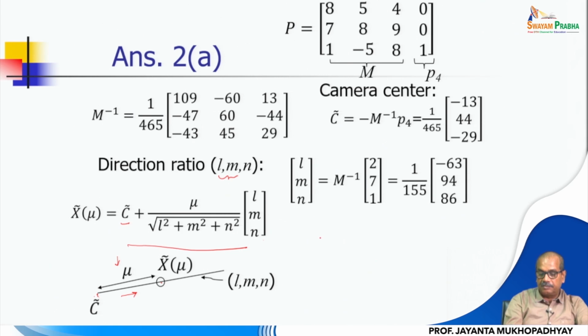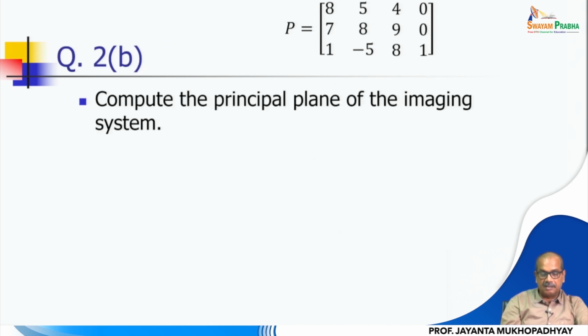So that is what we are doing here. We compute this direction ratio using M inverse D. If you remember, that image point is 2, 7, 1. So M inverse of that will give you the corresponding direction. And if I apply this, then we will find out that point.